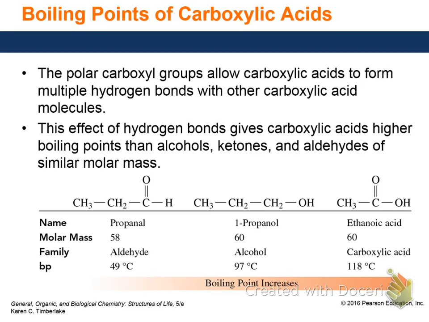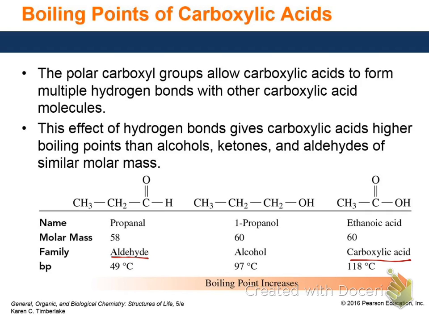So just a quick comparison, right? Here is a bunch of properties. I think we have most of it on the slide. So this is an aldehyde, and then we're going through an alcohol and then to a carboxylic acid. So that's what we're going to be comparing: aldehyde, alcohol, carboxylic acid.